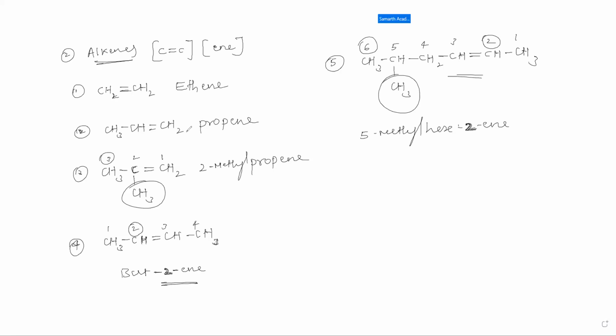When we come to the next one, that is alkynes, triple bond. The third one is alkynes. Alkynes means carbon-carbon triple bond and yne. Example CH triple bond CH.